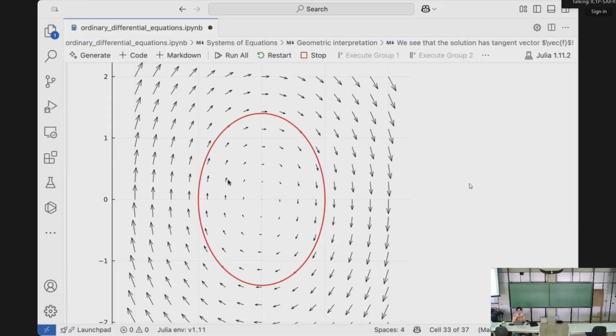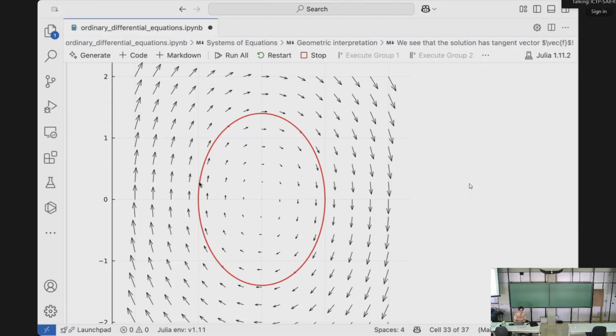So f of y will also be a vector, and it will be pointing somewhere, right? So when I say that the derivative of y with respect to t equals f, what I am actually saying is, imagine that we have this space here, and I am at a certain point in this phase space. The arrows tell me where the solution is evolving to, right?